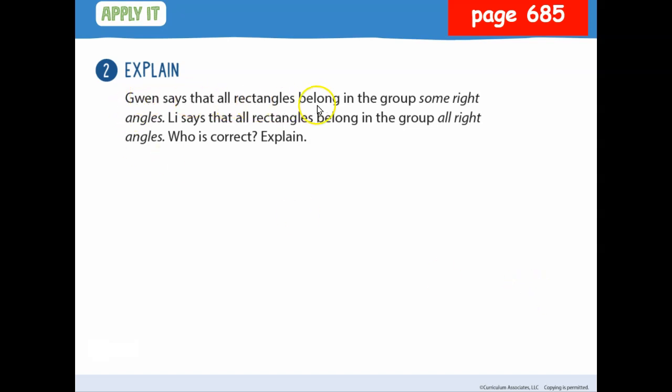Says Gwen says that some rectangles belong in the group with some right angles. Lee says that all rectangles belong in the group with all right angles. Who's correct? Okay, so here's a rectangle, okay? And then a square is also a special rectangle.